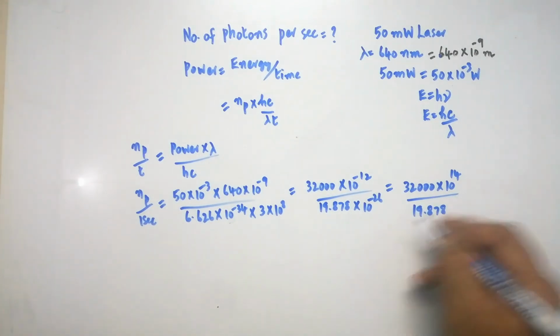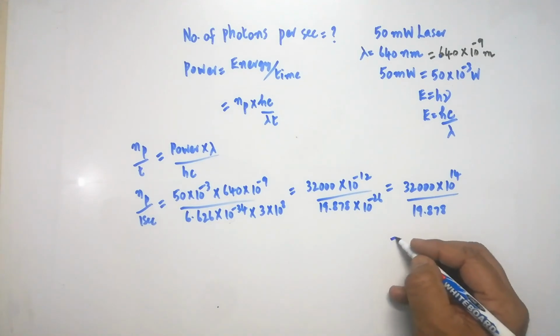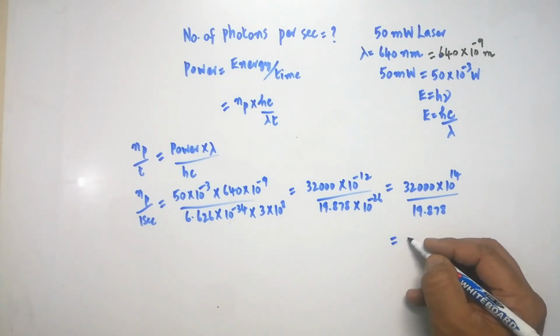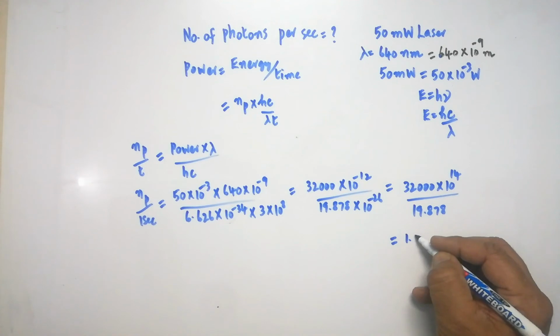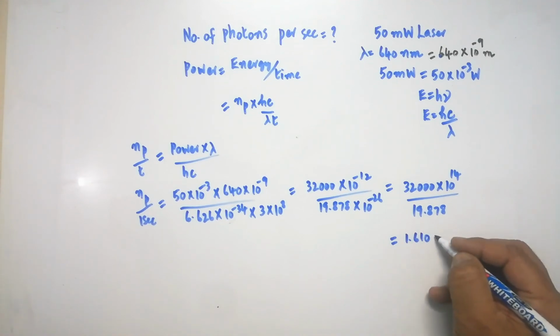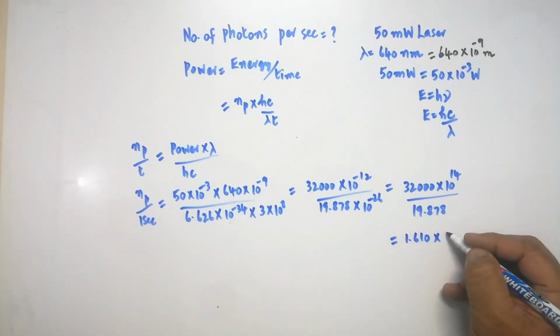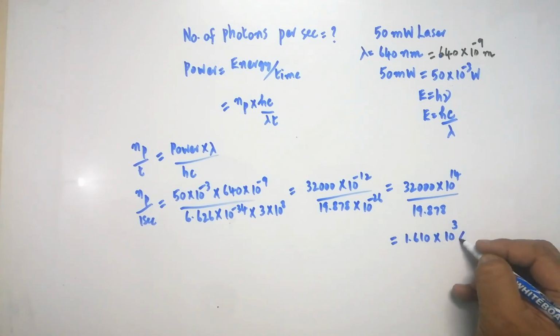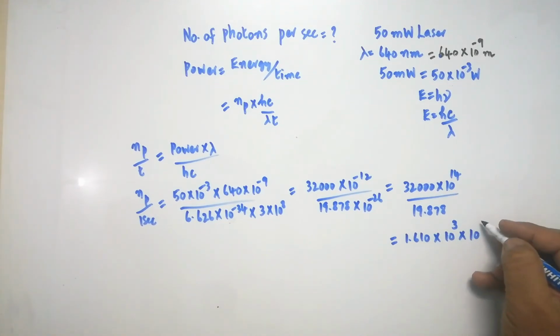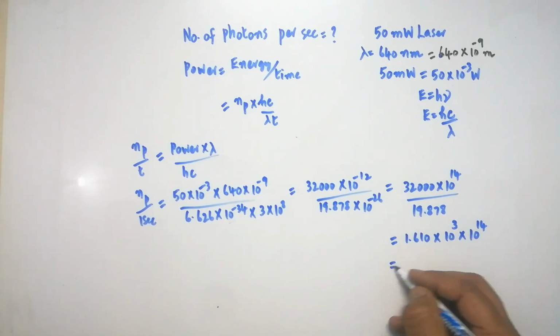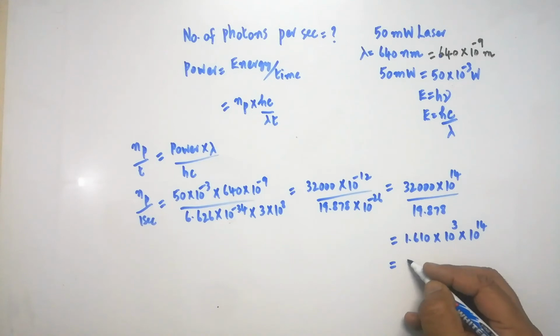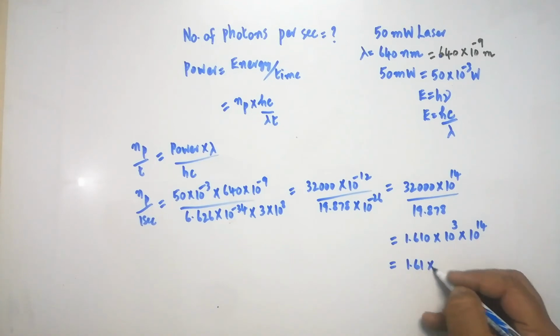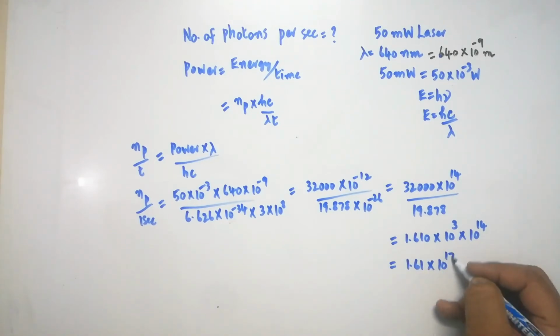After calculation, the final answer becomes 1.61 into 10 to the power of 17.